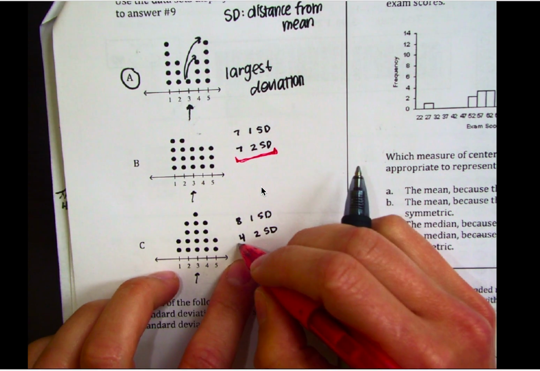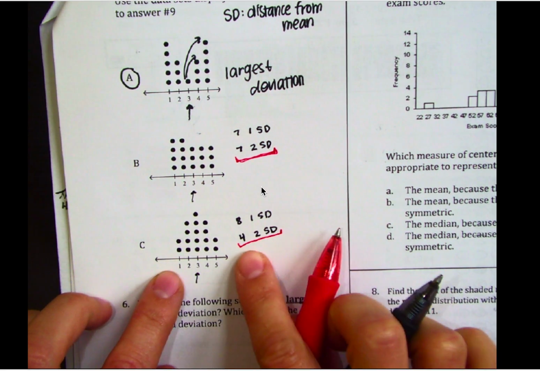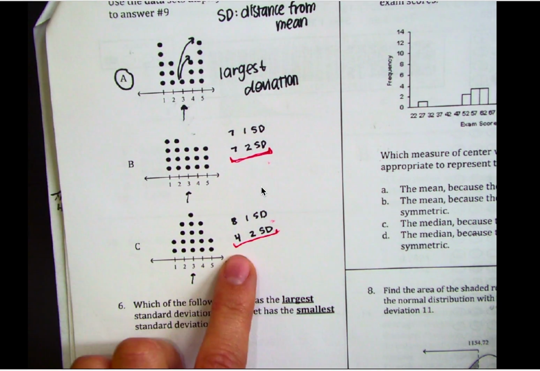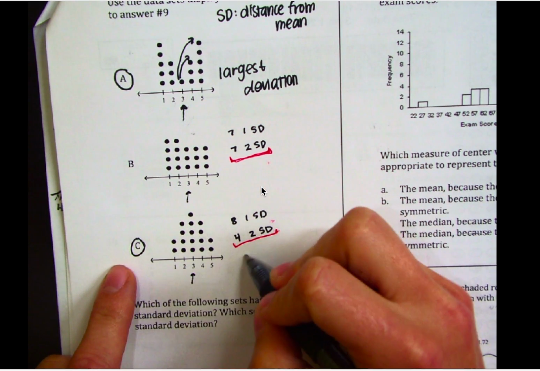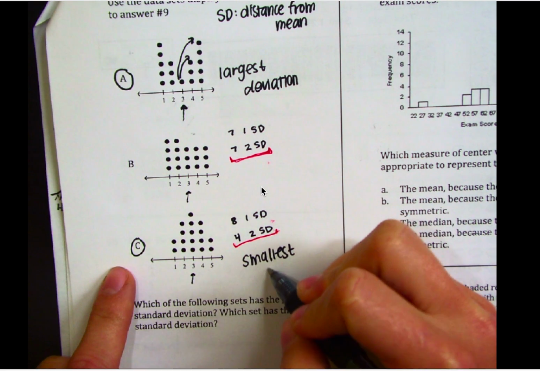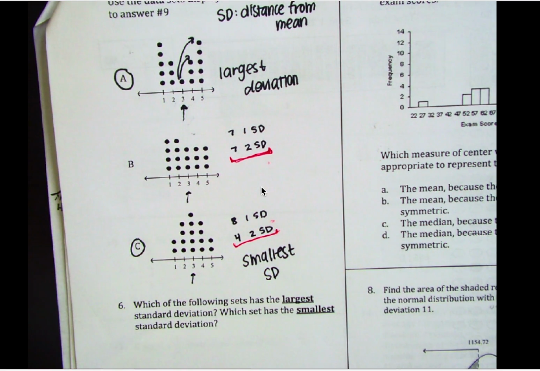And then if you look at, we only have 4 points out here that are 2 standard deviations away. So just comparing those is telling you that C has the smallest standard deviation. Okay, so our answers would be A and C.